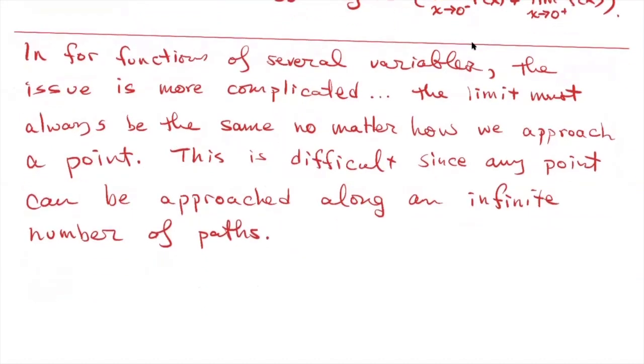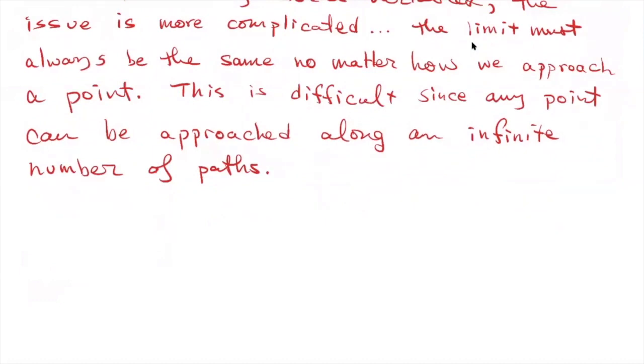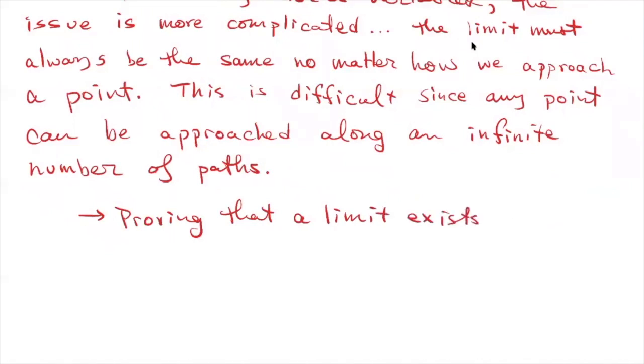It's easier to prove a limit doesn't exist than to prove that a limit does exist. So I'll make a couple of notes here. Proving that a limit exists is often very difficult.